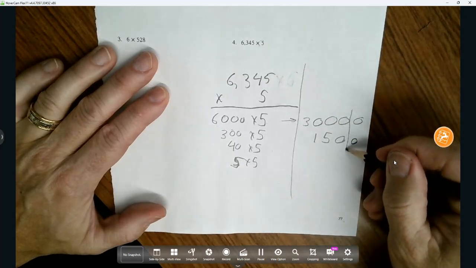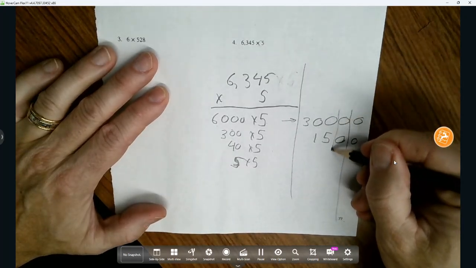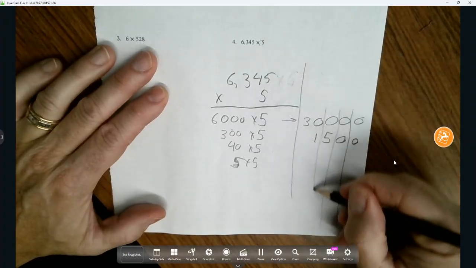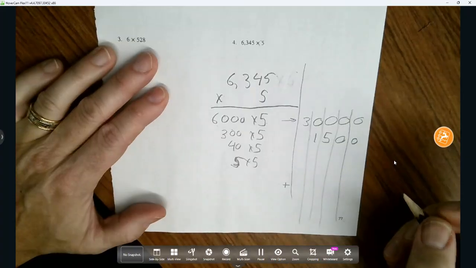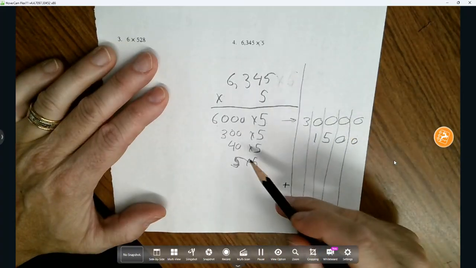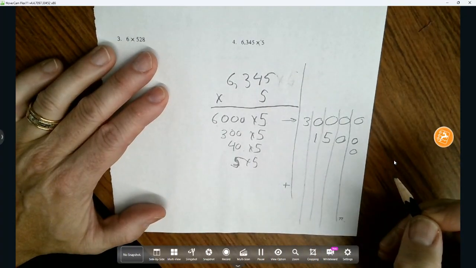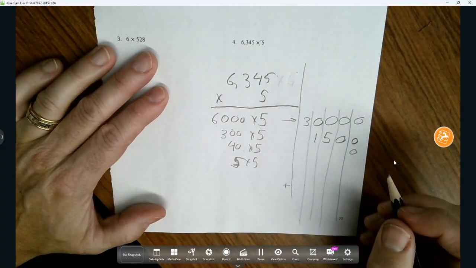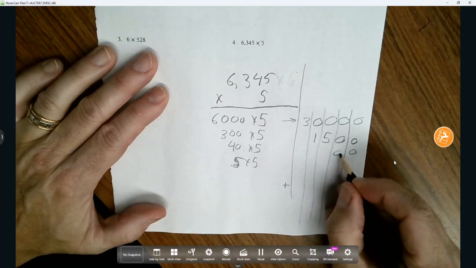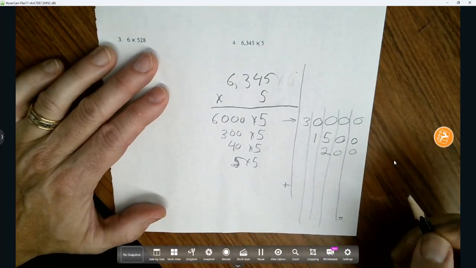And look, I'm trying to be really nice and neat and keep these all lined up in my place values to make it easier when I get down here where I'm going to add. So our next one, we have 1 0. Now we have 5 times 4, which is 20. So we got the 0 from the 20 and the 2 from the 20.